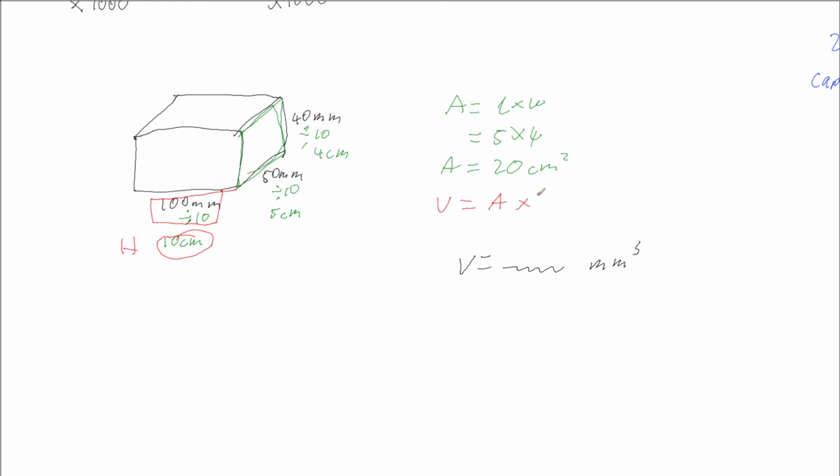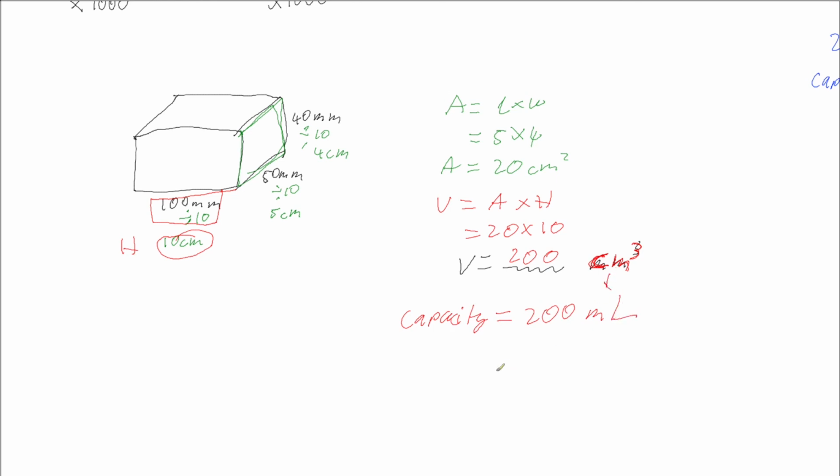And then multiply by my height measurement, which is in centimeters, 10 centimeters, to get volume, being that area times height. So I'm going to have that area we worked out of 20 centimeters squared times the 10 centimeters, and I get my volume to be 200 centimeters cubed. I now have it in centimeters cubed, which I need. So now when I get my capacity, I can just write this as 200 milliliters.